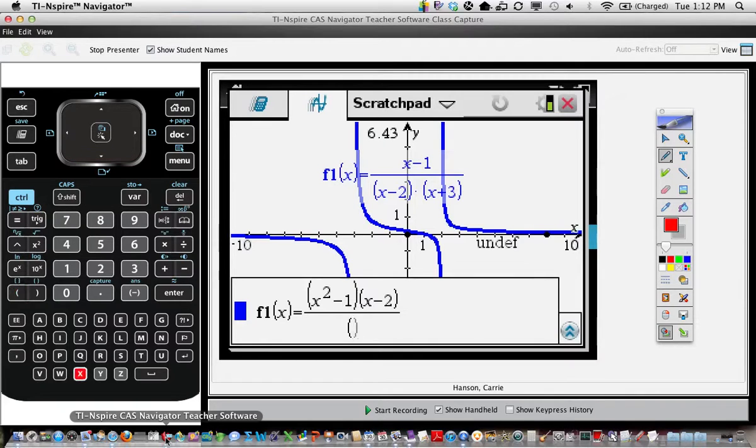Now, does anybody have something else that they are thinking about when they look at that function there? One would be okay because it would give you 0, but 0 on top's okay, right? Because 0 divided by something is just 0. What about those x minus 2s?